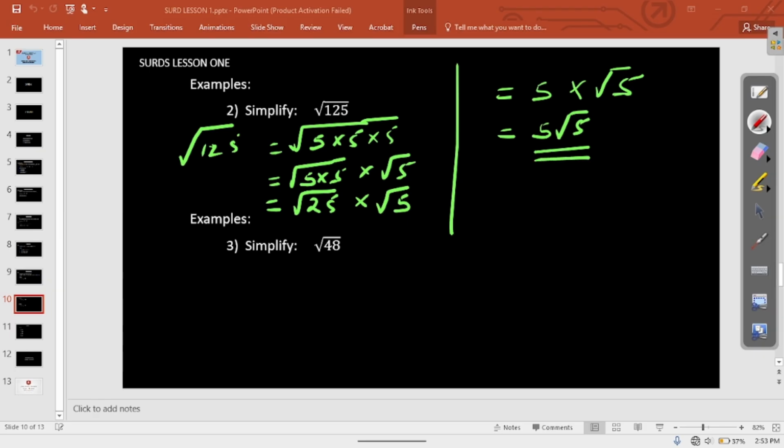And maybe to look at the last example here, which is to simplify the surd 45. Again, we are going to express it as the square root of its prime factors, which is basically 2 times 2 times 2 times 2 times 3.